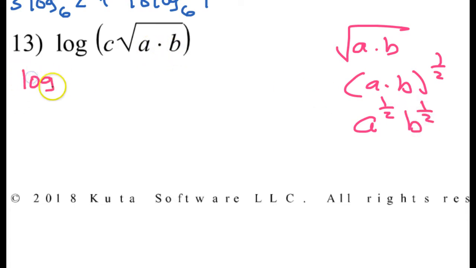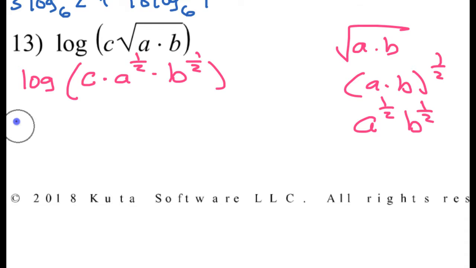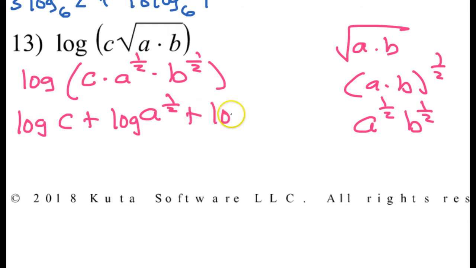So this will be the same thing as log of c times a to the 1/2 power times b to the 1/2 power. So now the product rule gives me log c plus log a to the 1/2 power plus log b to the 1/2 power.